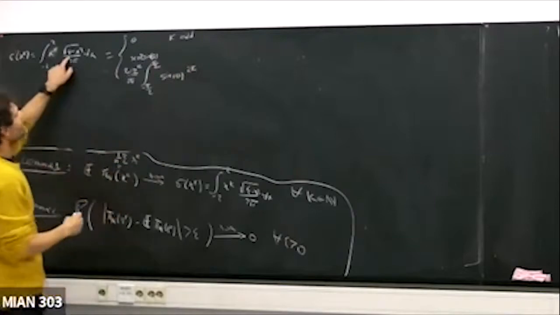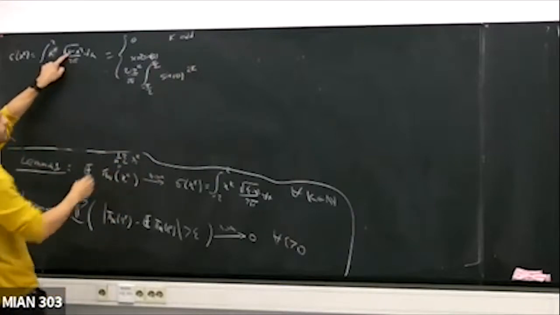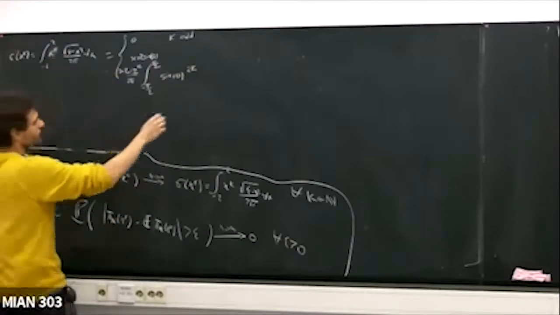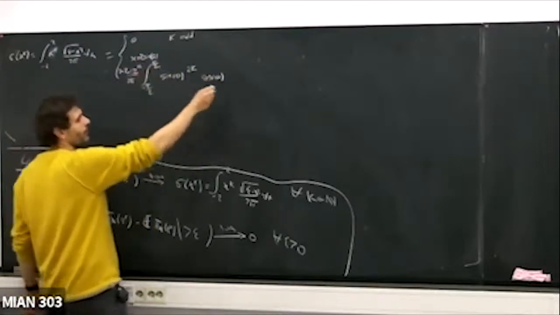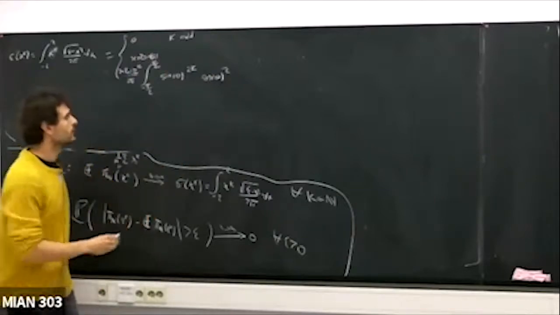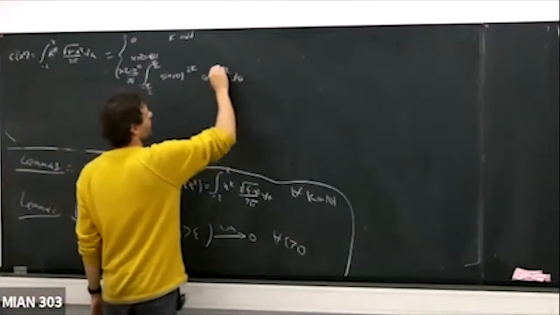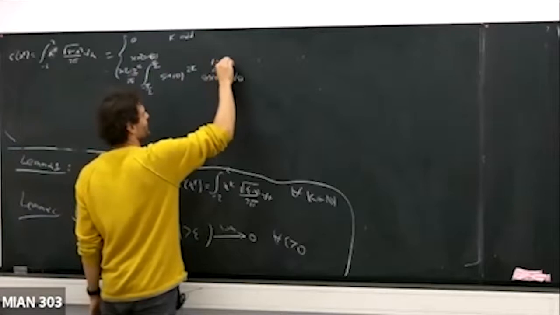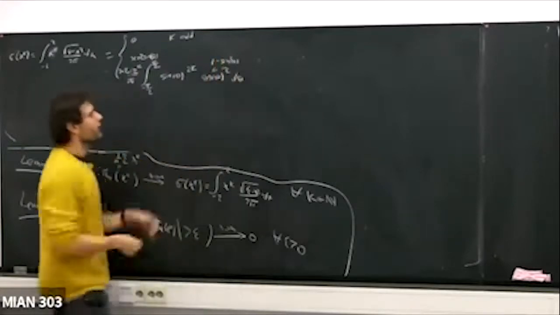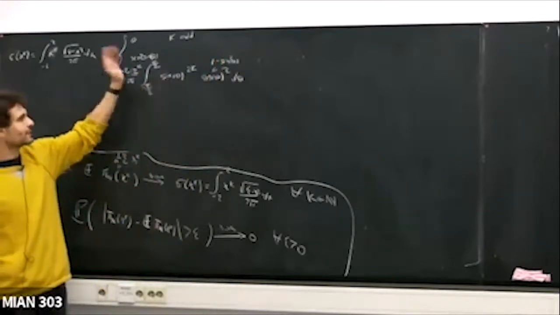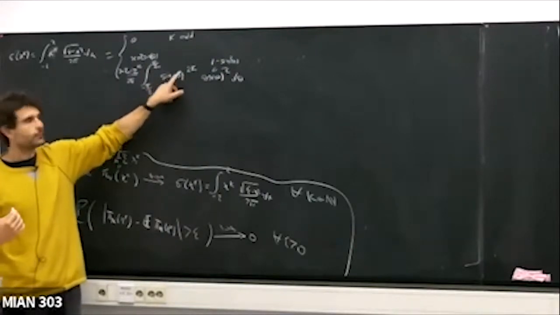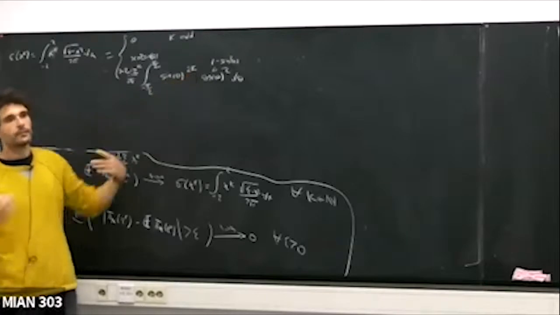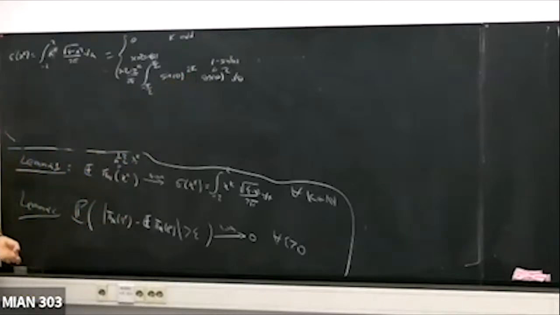Then the square root gives twice cosinus of theta, and from the Jacobian I get another cosinus of theta, d theta. This is 1 minus sinus of theta squared. So you can compute it; I will not do it. It's just an integral if you know the integrals of sinus of theta to the 2k, which you can do by induction, doing a couple of integrations by parts.